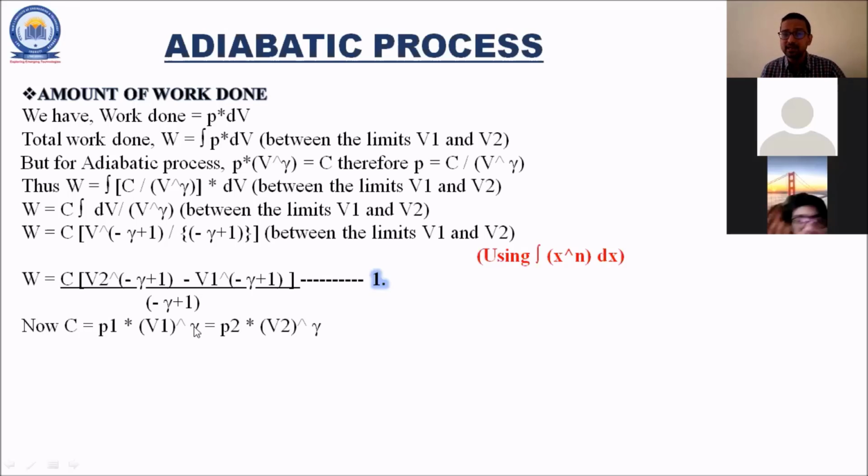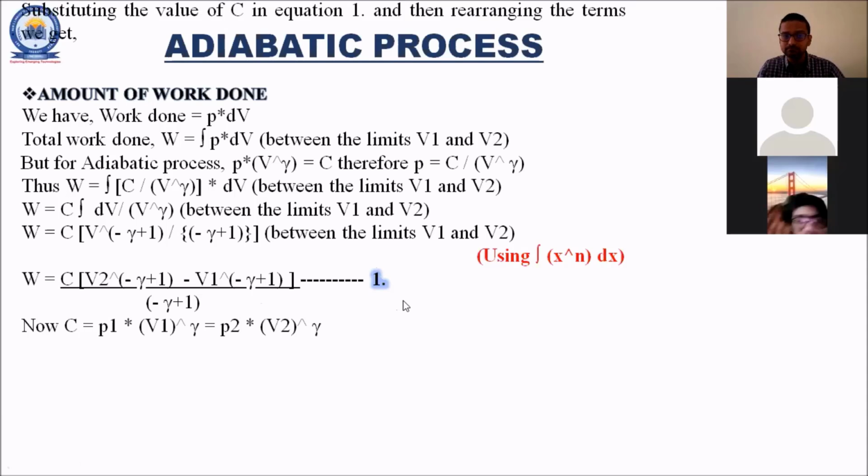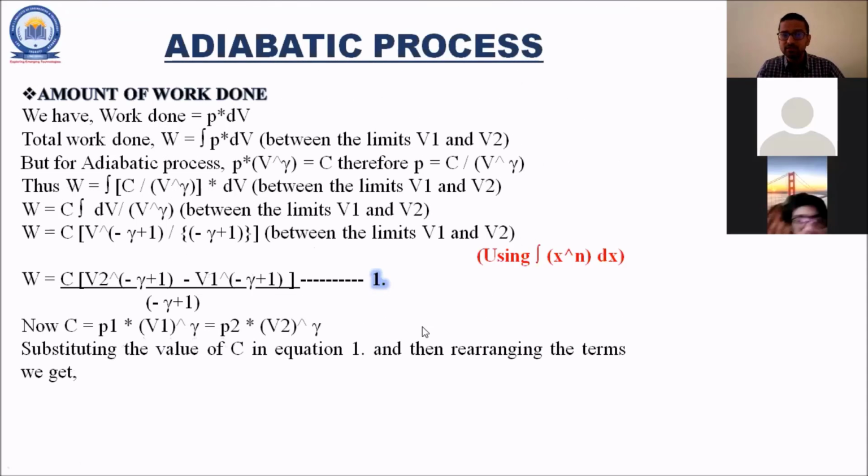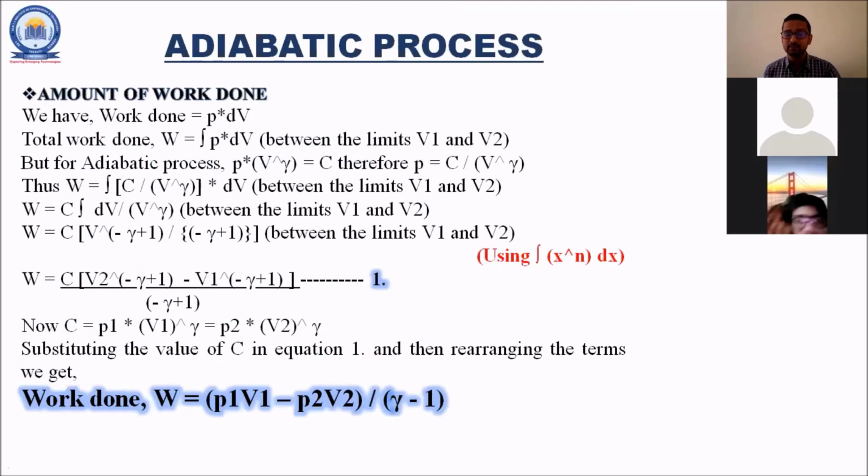Then on expanding the brackets, we get V2 raised to gamma into V2 raised to minus gamma, and both these terms cancel. Similarly, on the other side, V1 raised to gamma into V1 raised to minus gamma also cancels. So substituting the value of C in equation 1 and rearranging the terms, finally we get W is equal to P1 V1 minus P2 V2 upon gamma minus 1.